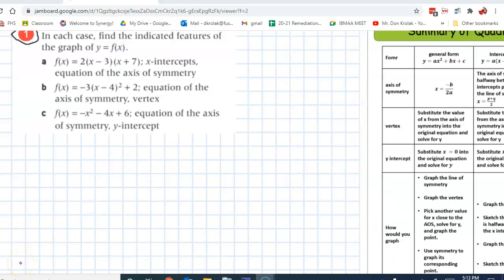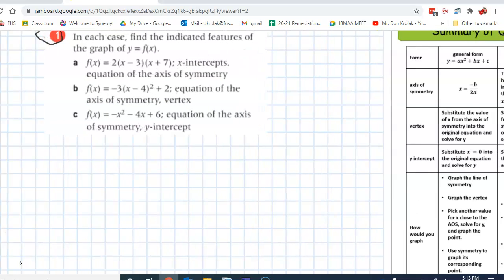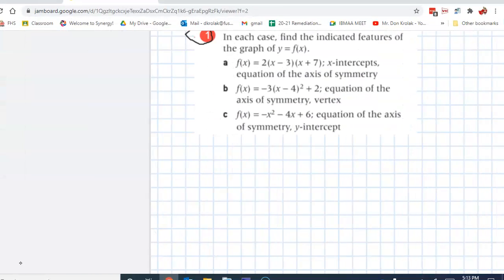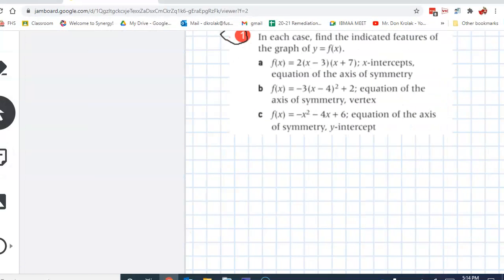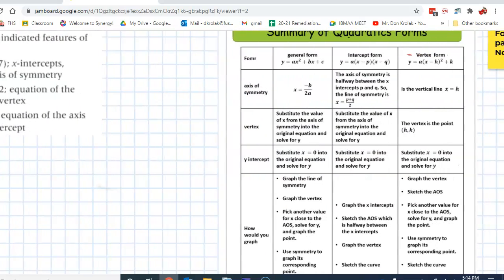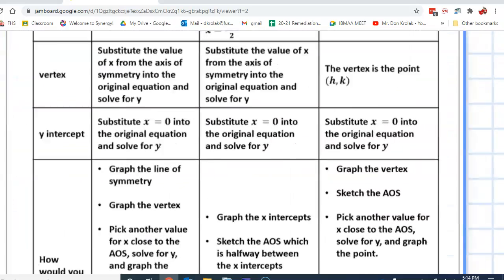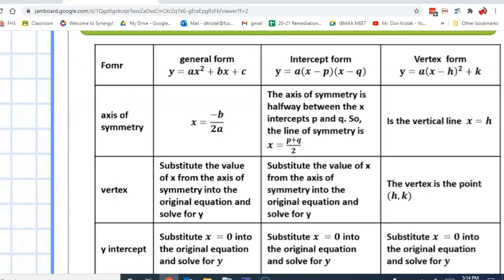All right, number 3, the equation is written in general form. So I'm going to go over here to get the equation of the axis of symmetry. When it's written in general form, the axis of symmetry is the opposite of b divided by 2a, and then I substitute that into the equation, and that'll give me the y-coordinate of the vertex.